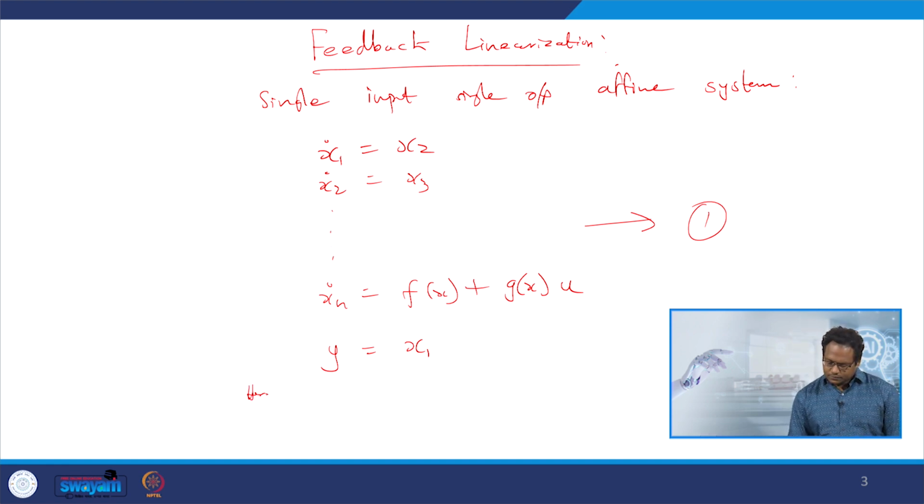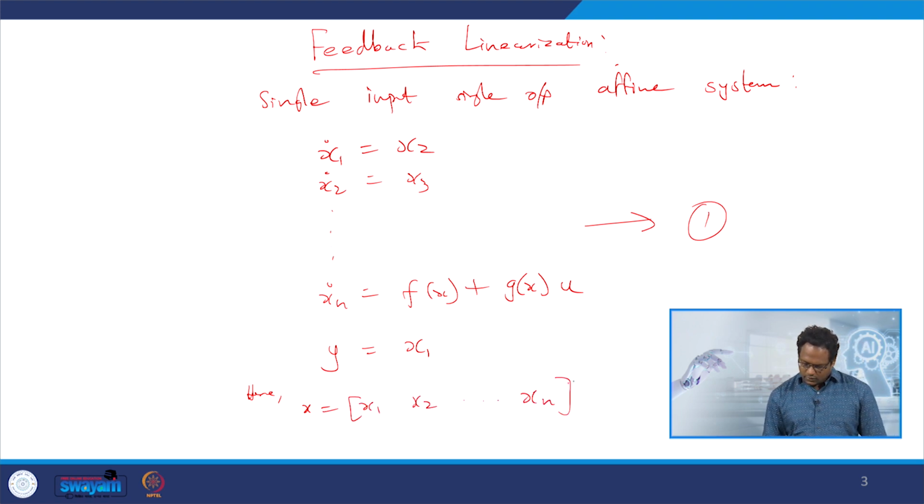Here x equal to x1, x2 up to xn, which belongs to the n dimensional Euclidean space, and y belongs to the 1 dimensional Euclidean space, and u also belongs to the 1 dimensional Euclidean space.